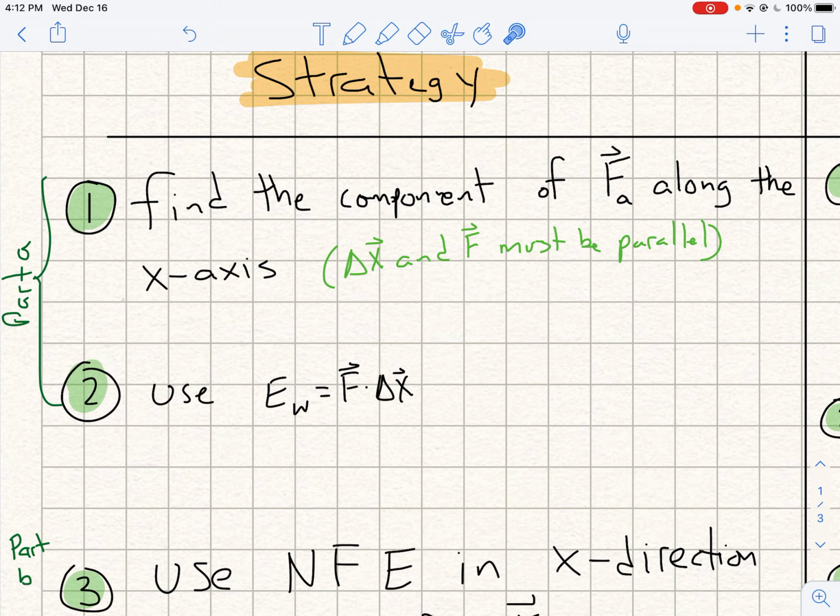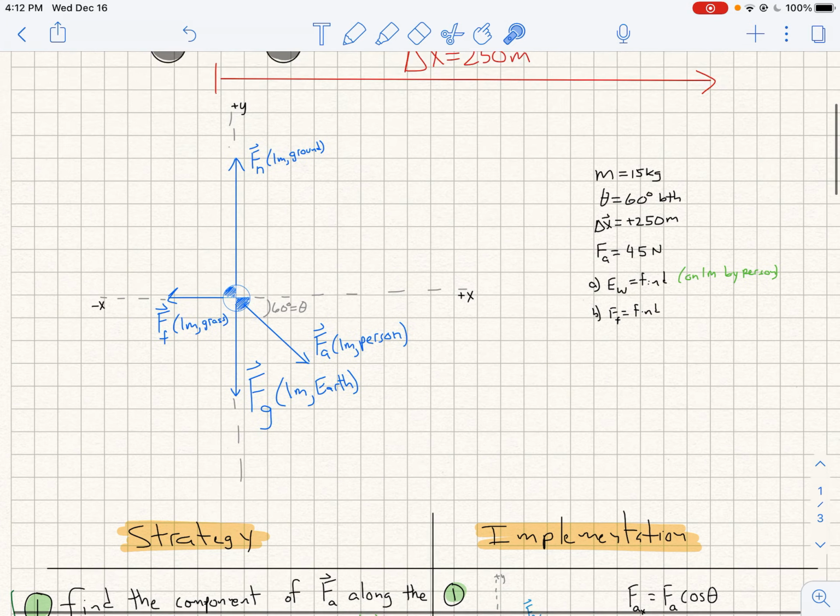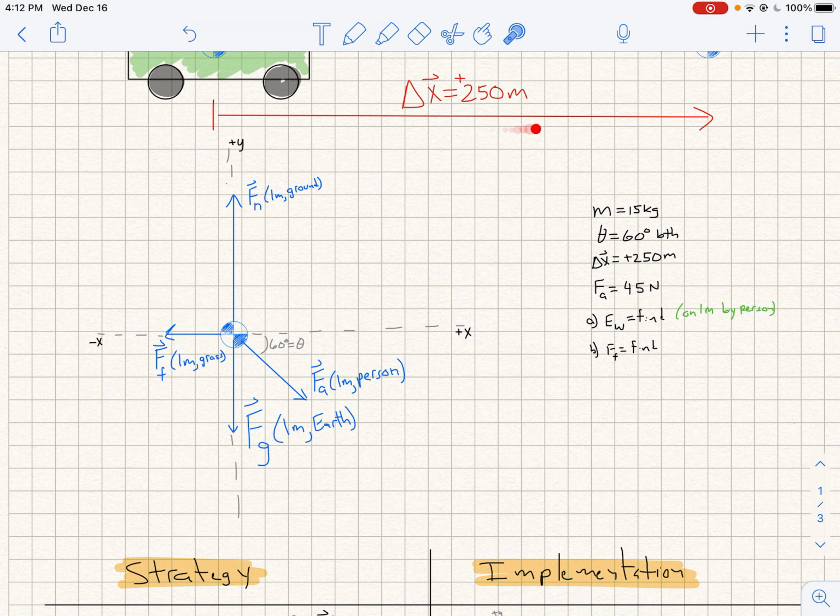Keep in mind, the way I solve these is I like to look at displacement and force as being vectors, and they must be parallel to one another. So the force that we substitute in has to be parallel to the displacement. And if we go back to our picture, you'll notice the displacement's along the x-axis, so we're going to need the x component of this applied force.